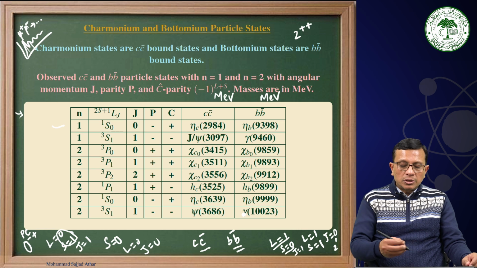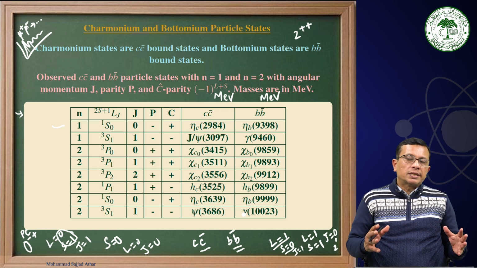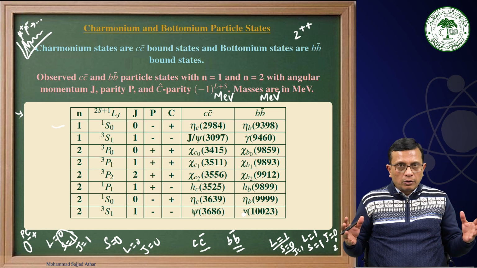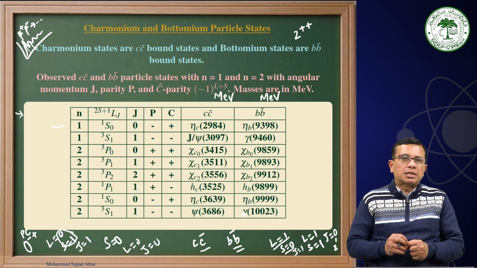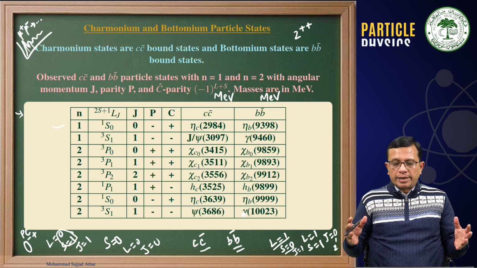Therefore, you see that since nobody has found a separate quark or anti-quark, or you have never found an isolated quark, therefore you keep on pumping energy to the system, you will get somewhere some resonant states.